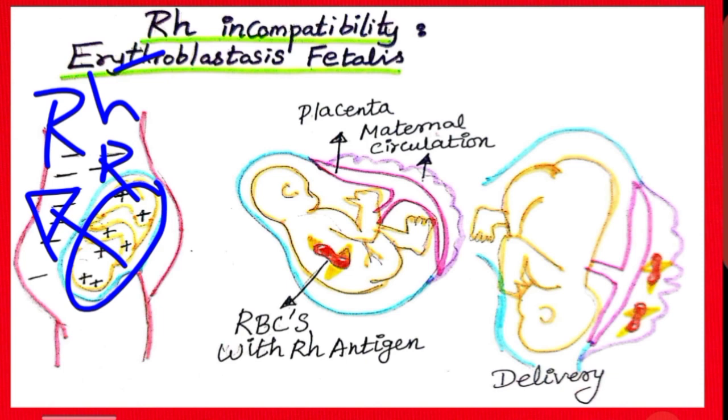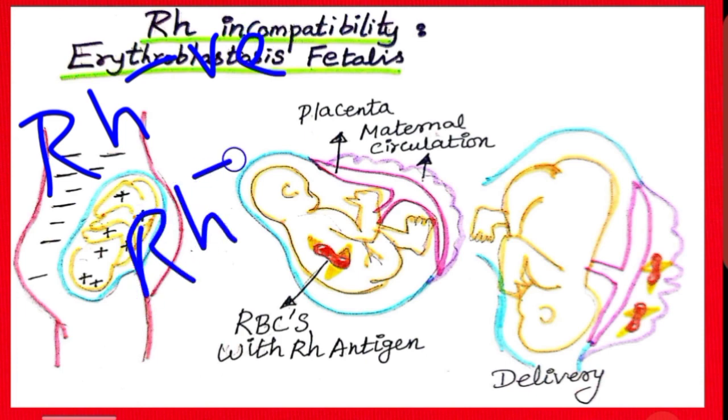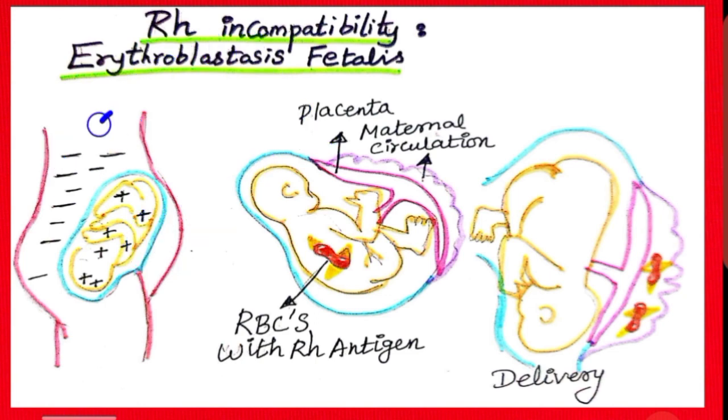But in the mother's body, RH antigen will be a non-self or foreign antigen because the mother is RH negative. So she considers RH positive a non-self antigen because she doesn't have RH antigen in her body at all.